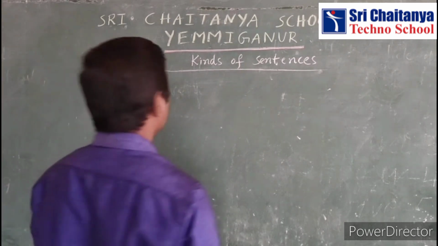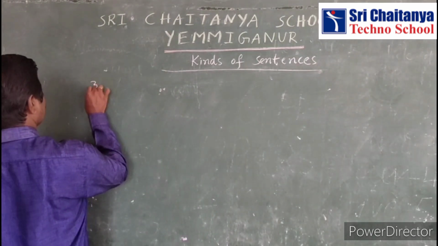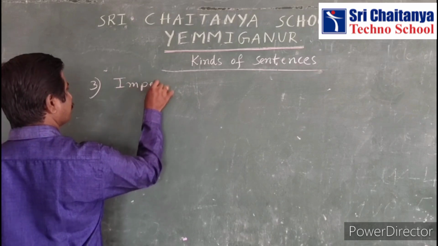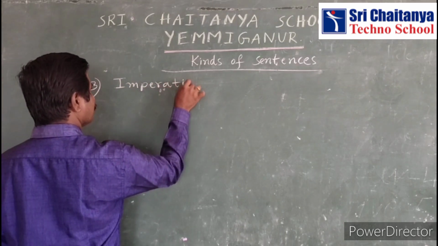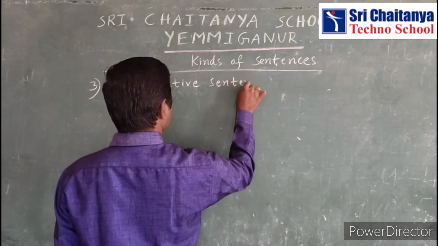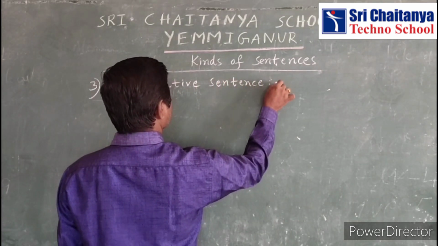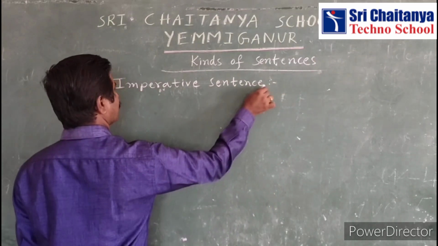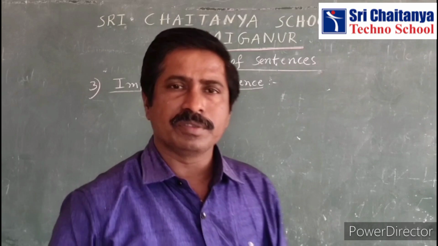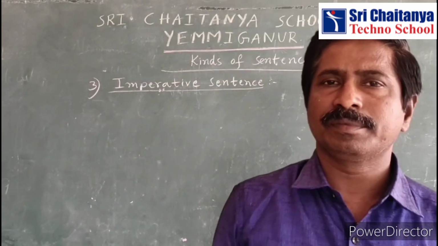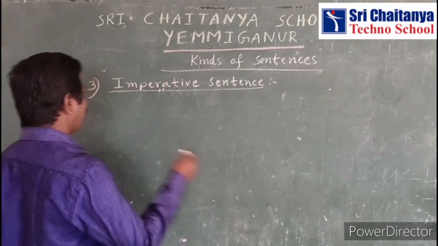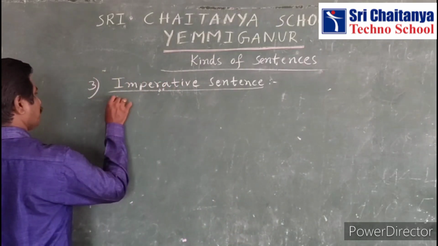Now go ahead with the third kind of sentence, that is the imperative sentence. What do you mean by an imperative sentence? What is it used for? Let us recall your basics.